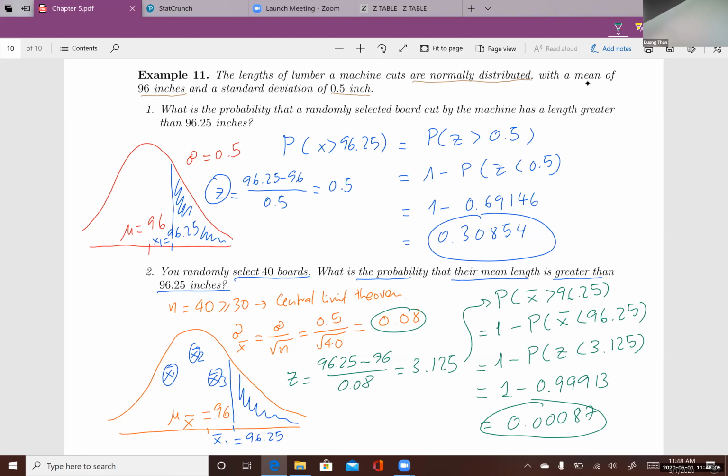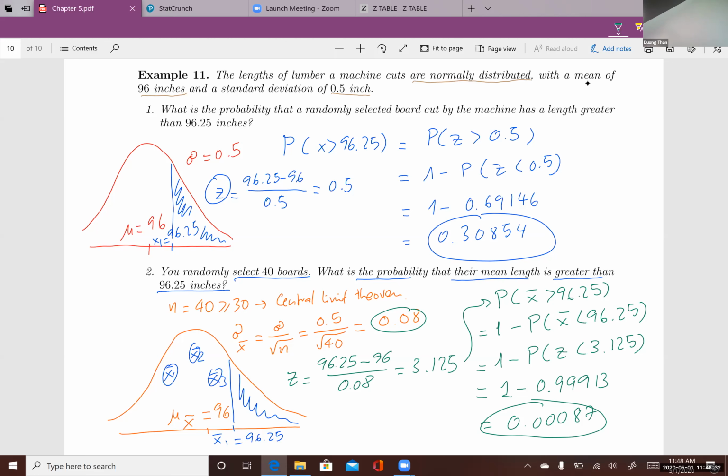A very small chance that you're going to pick 40 bores that have a mean length greater than 96.25. The chances are almost zero, right? 0.00087.